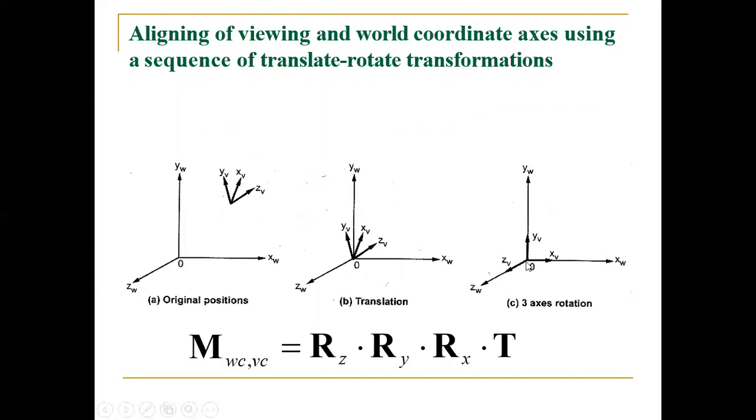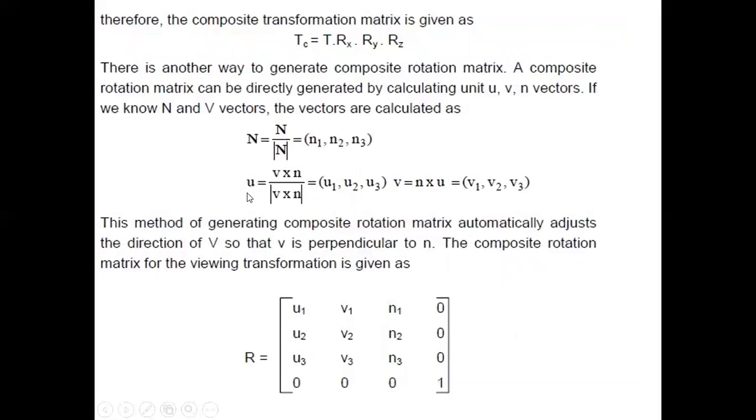So this is zv, in this direction I have my n vector. In the yv direction, I have my view up vector, which is my capital V, and here I get one more vector. This vector is perpendicular to both my n and v vectors, so I can define u as v cross n.